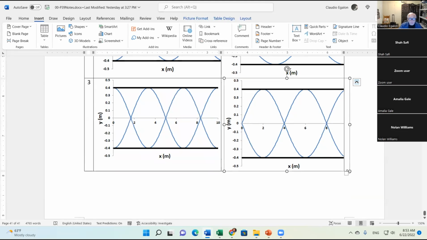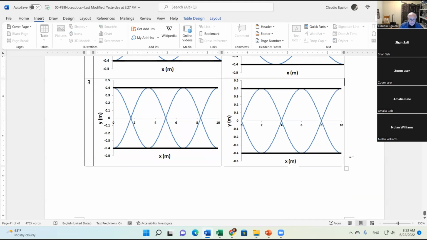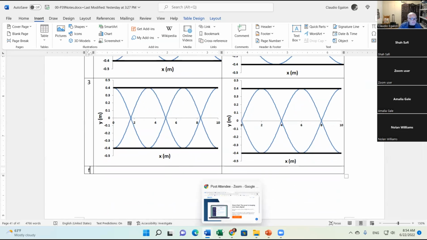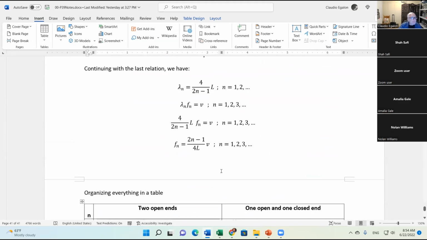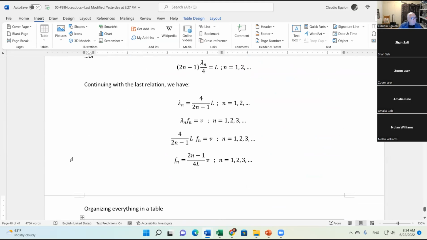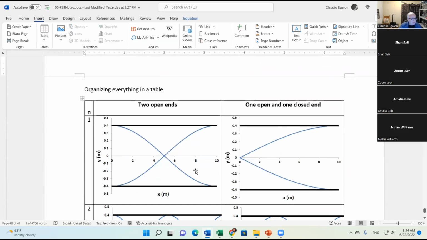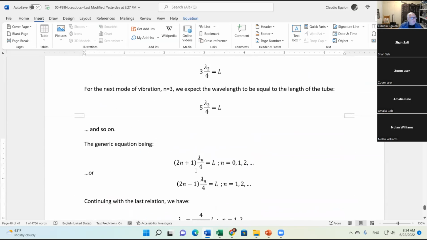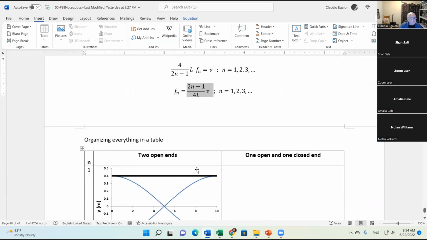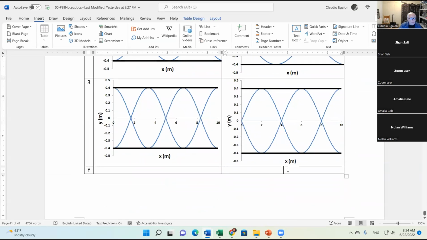Next line is going to be the equation. I can put the frequency here. That should be closed end. One of them is closed end.